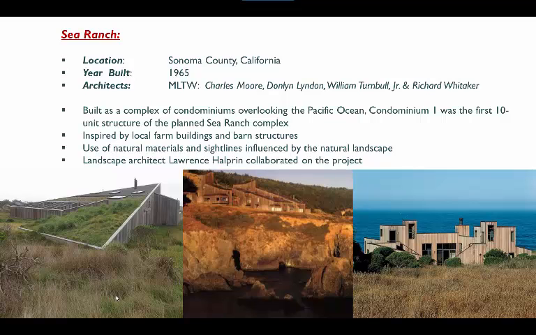The other thing that they did was look to local farm and barn structures and buildings. At the time, I don't think that looking at more humble structures was as popular, because a lot of times architects would look to more grand scale structures for inspiration or for historical precedent, but they were looking to simple structures that were local and would influence the forms and materials that they used.